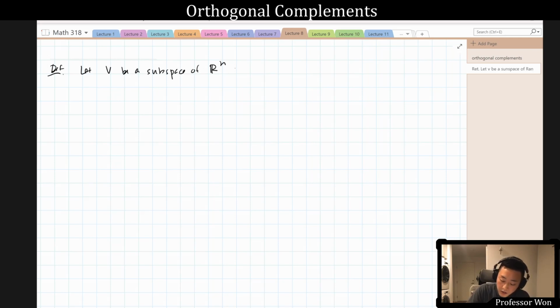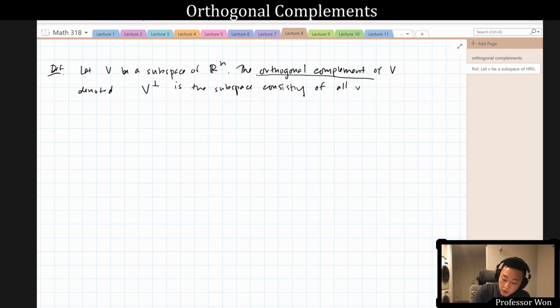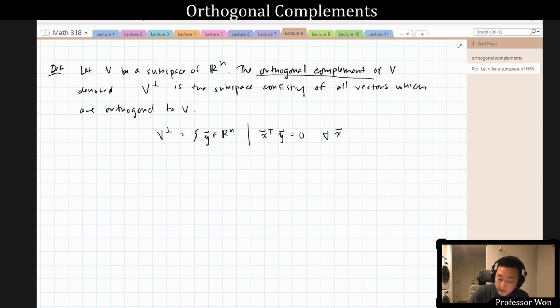Then the orthogonal complement of V, denoted V perp, with a superscript perp on it, is the subspace consisting of all vectors which are orthogonal to V. So you look at every single vector that's orthogonal to V. Another way to say this is that V perp consists of all of the vectors y in Rn such that x transpose y equals 0 for every x in V. It's all the vectors that are orthogonal to every vector in V.